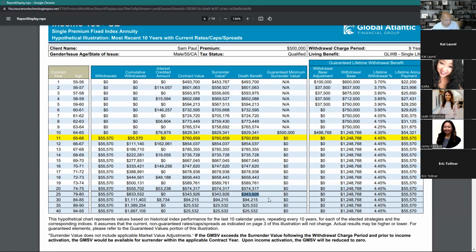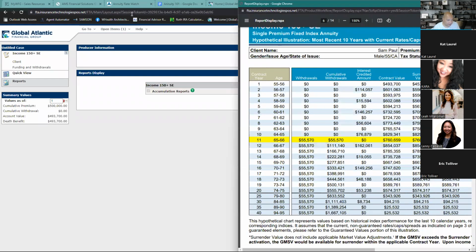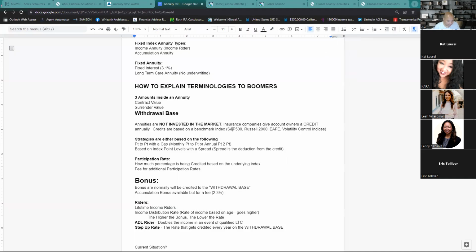That's why you roll it over into an annuity, so the death benefit stays within the family. So this now is the lifetime income, based on 4.45%, based on the terminologies we were talking about a while ago. I'll just put it side by side. Let's do this real quick.